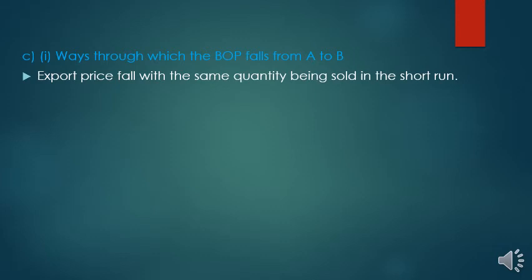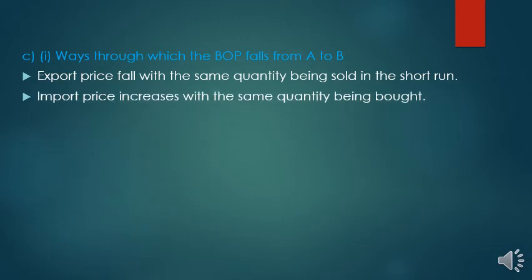You have to put at the back of your mind that even after devaluation, the quantity demanded cannot change automatically. In the short run, it will remain the same, but the prices of exported goods and services have fallen. So it instead worsens the balance of payment situation.